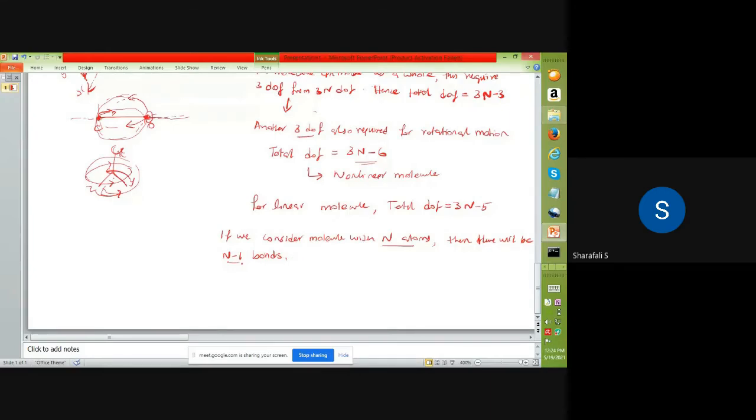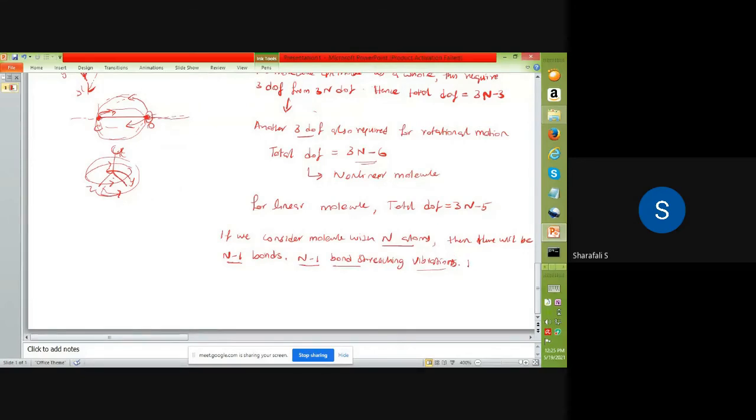If you have n minus 1 bonds, there will be n minus 1 bond stretching vibrations.